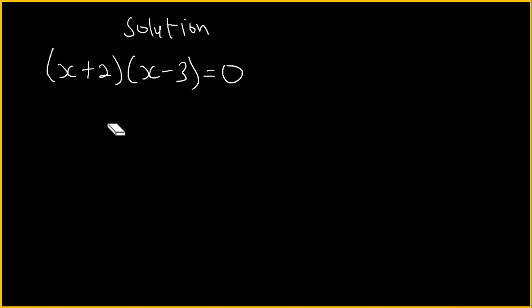Alright, when the question is given to you in separate brackets, how do you solve it? Solving any quadratic equation, we would be obtaining two roots or solutions, which may be equal or not.